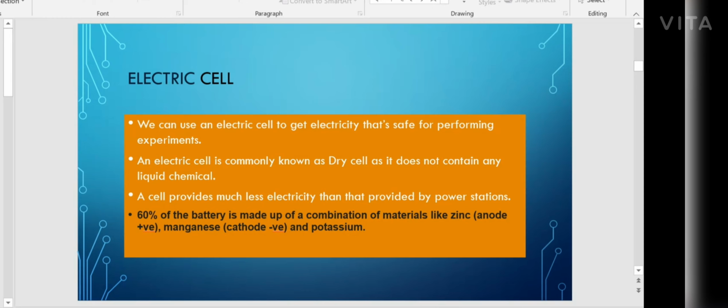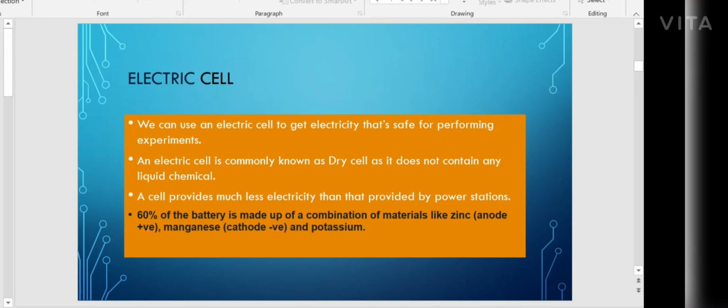This electric cell, commonly known as a dry cell, stores many chemicals inside. It works with the help of the chemicals which have been filled inside. What chemicals are used depends on the type of battery.